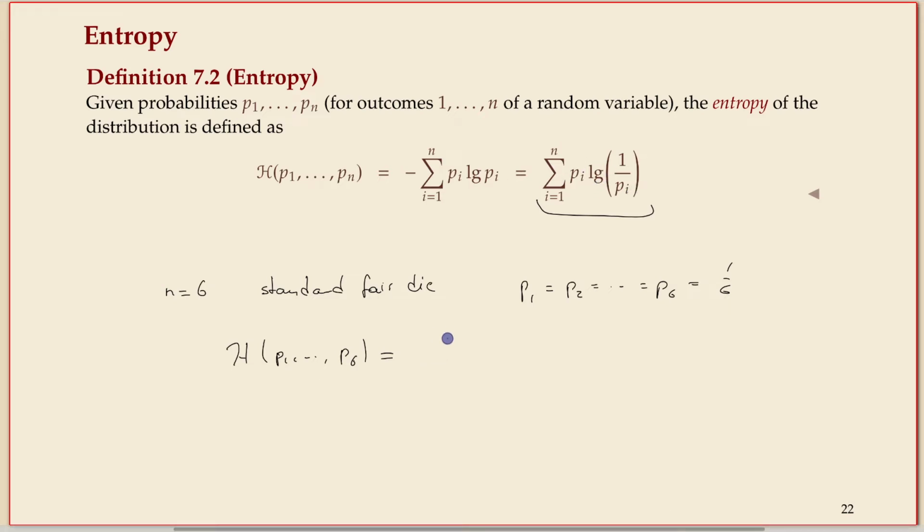So we can replace that by 6 times, and then p_i is 1 over 6, and log of 1 over 1/6 is log of 6. And so that cancels out as log base 2 of 6, which is something between 2 and 3. Now, that's just some definition and some numbers.